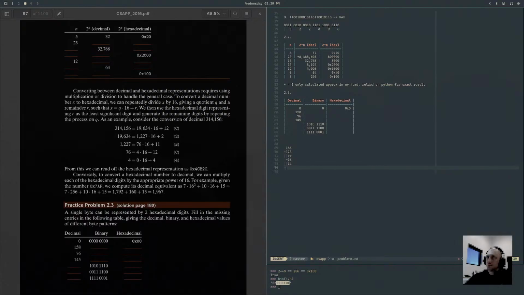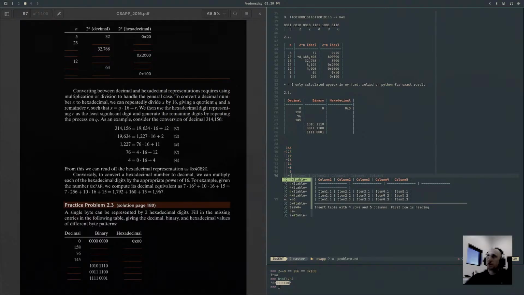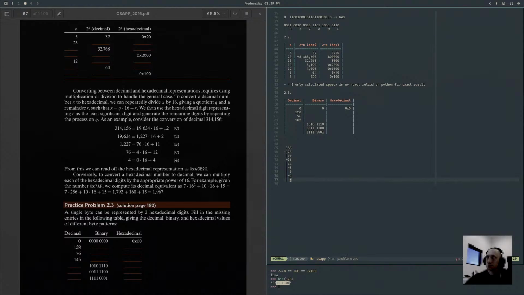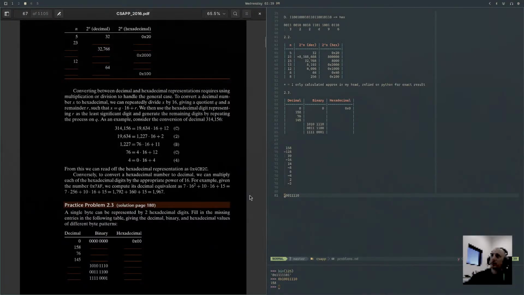And then the next value would be an 8, which will be a 6. And then the next value would be a 4, which will make this a 2. And then the next value will be a 2. So that's our digits here. So 128, skip to 64, skip to 32, have a 16, have an 8, have a 4, have a 2, and a 0. So if we do this, this should equal 158. So that's our binary.